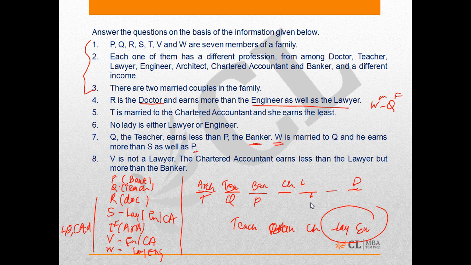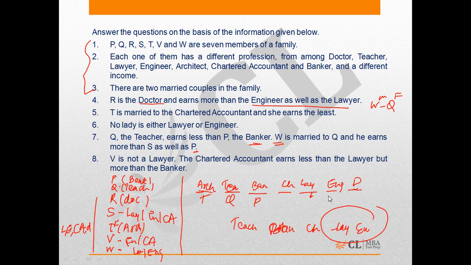And if the lawyer has to earn the second maximum amount, then this condition may get violated. Therefore the engineer is the one who earns the second maximum amount and the lawyer is the third.